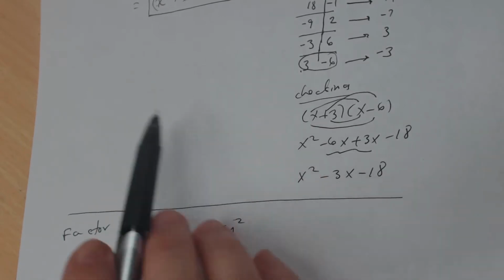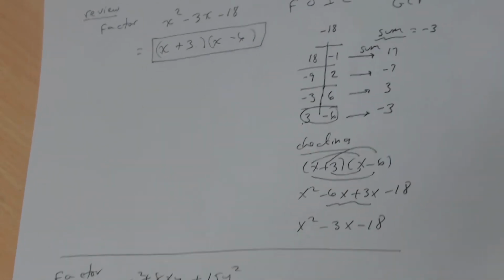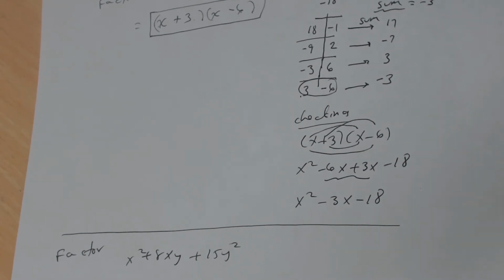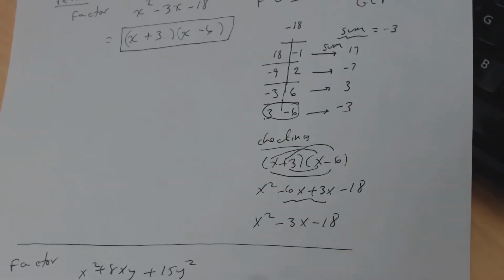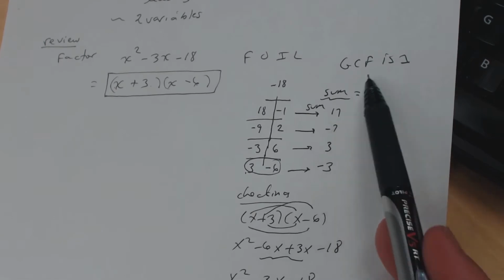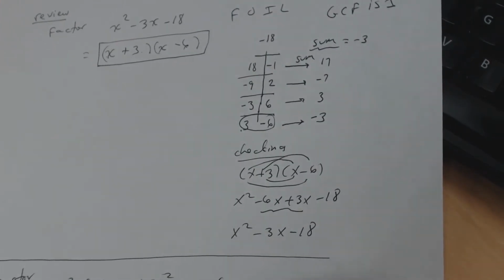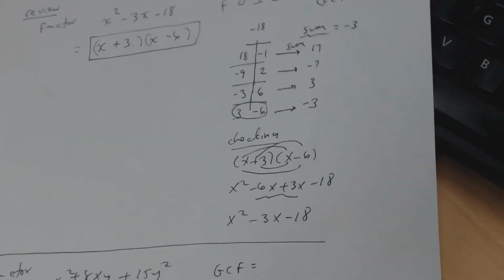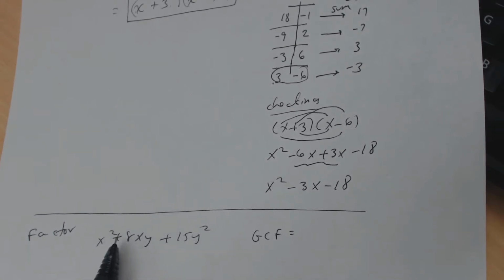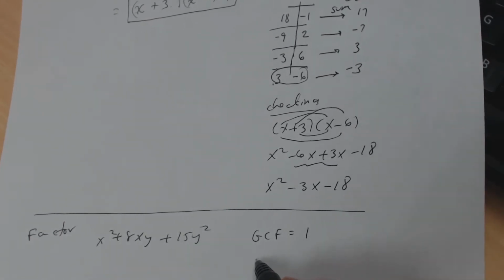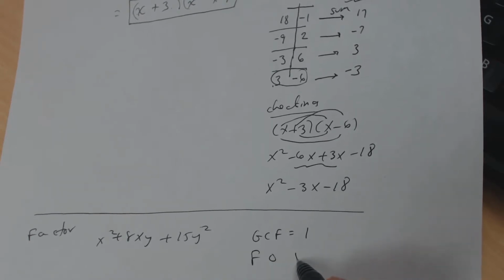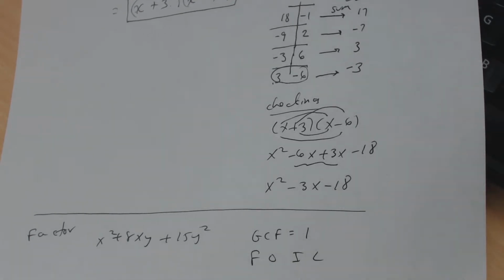You can do it just like you did this, the same idea, except this time you have two variables. Okay, so listen carefully to this. Again, first of all, you're going to look for the GCF. The GCF is still 1. And then you're going to use the idea of FOIL to help you.